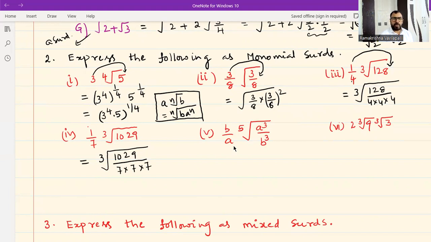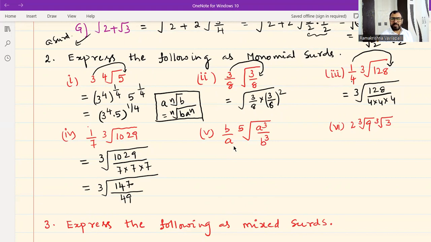If you want, you can simplify them. You can cancel here, you see 7 ones 7, 7 threes 21, 7 fours 28, and 7 sevens 49. You can write here 49.